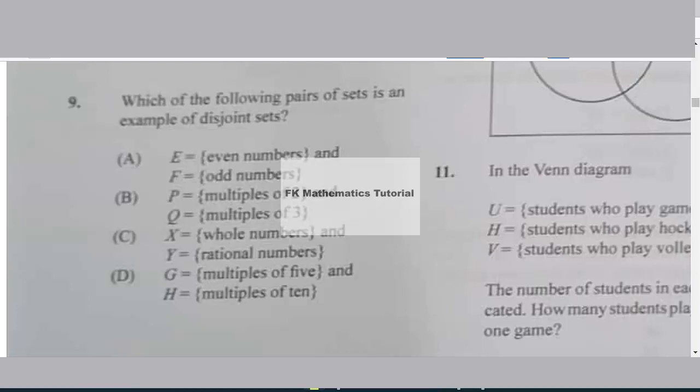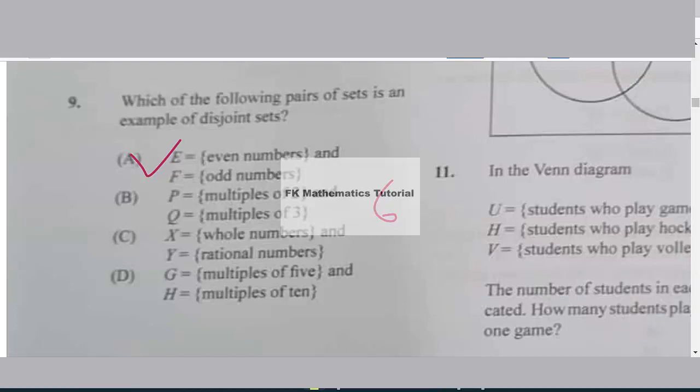So that is disjoint because if you take the even numbers and the odd numbers, there's no even number that is odd. So the correct answer is option A. If you pick option B, multiples of 2 and multiples of 3, we have 6, which is common to both, so it's not disjoint.